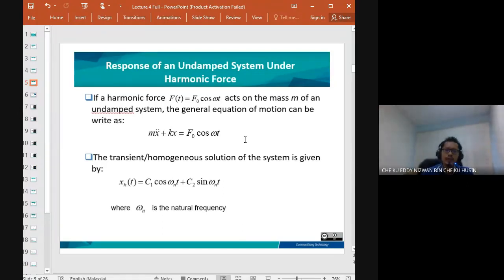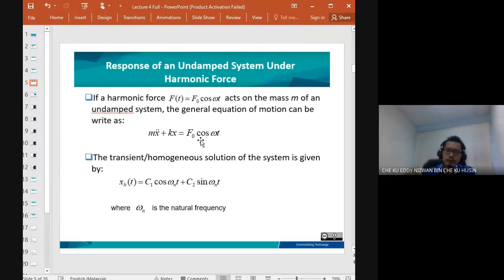Okay, so basically in this subject we are looking at the kind of force we consider as a harmonic force. Harmonic, which we can represent as a sine or cos function. This has more effect, because if you deal with a static force, it is just an offset of the response, and nothing changes compared to the free vibration.